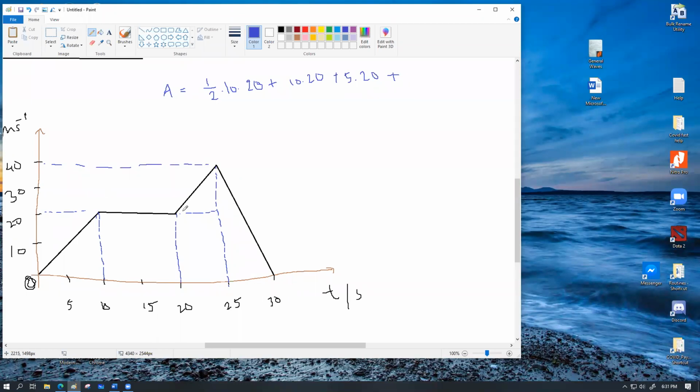And this much is 5. Well, this figure is not very perfect because I hand drew it. So this is supposed to be half into 5 into 20. And then the last triangle, which is the same as earlier, should be half into 5 into 40. So এখন এই সবগুলো ভ্যালু আলাদা আলাদা করে ক্যালকুলেট করে দেখো কত আসে.